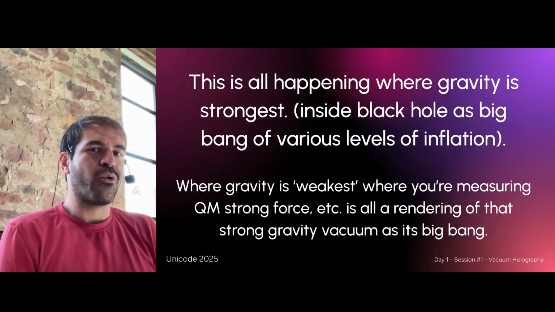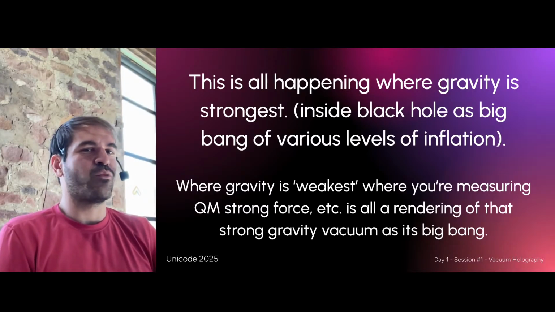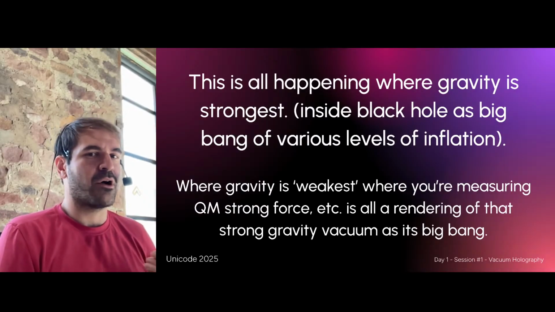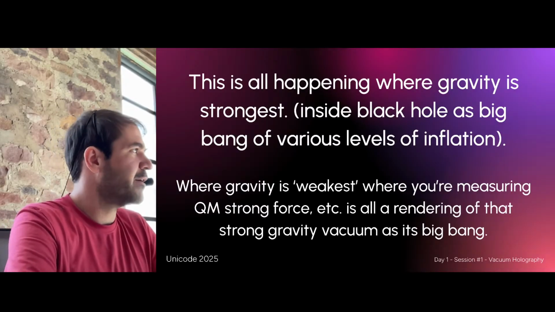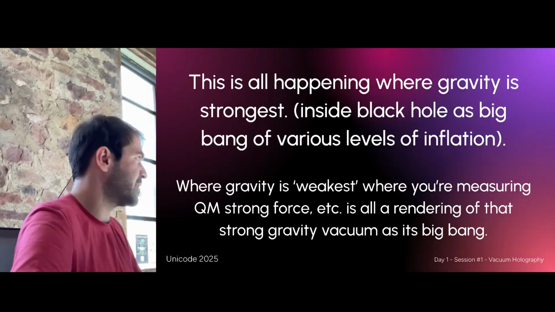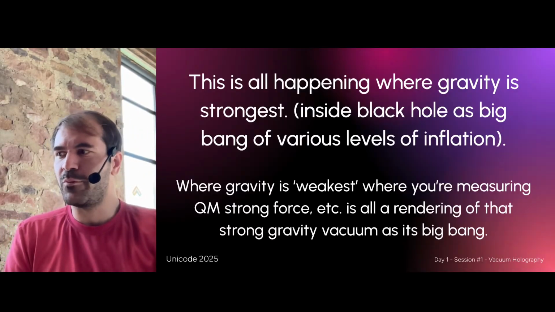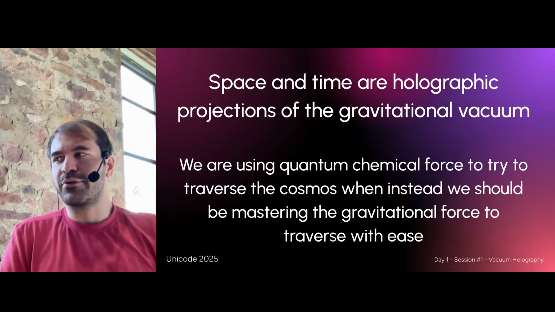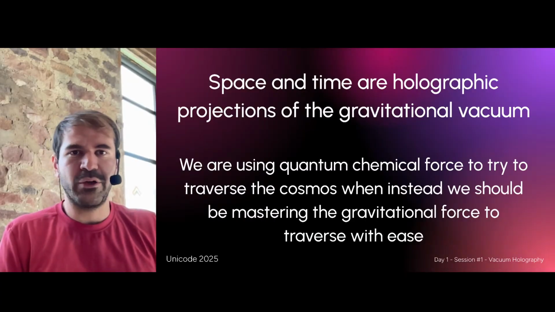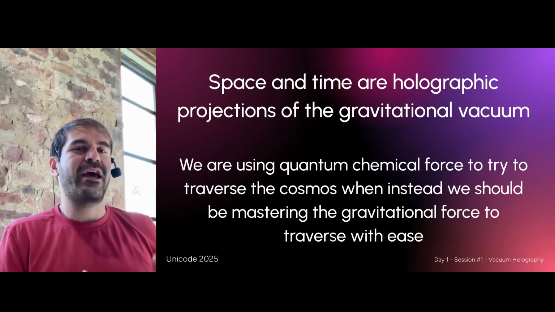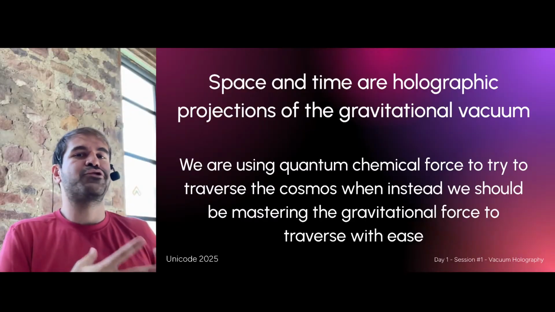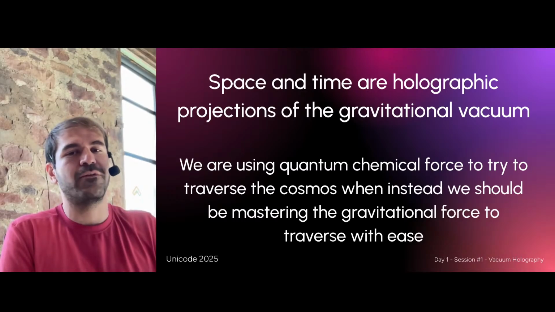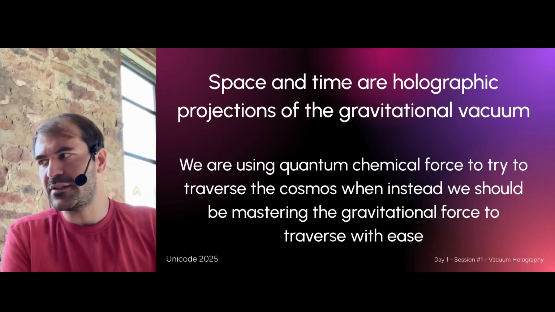So where gravity is weakest is where you're measuring the quantum mechanical strong force, all a rendering of that strong gravity vacuum as its Big Bang, which is also what you were saying with sacrificing the lamb, what you brought into the field with that. So space and time are holographic projections of the gravitational vacuum. We are using quantum chemical force to try to traverse the cosmos when instead we should be mastering the gravitational force to traverse with ease.